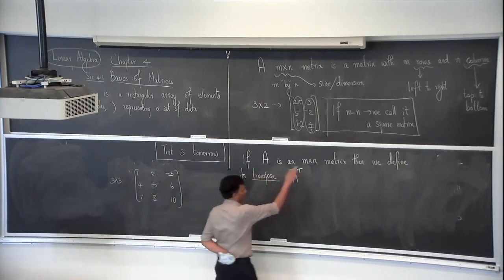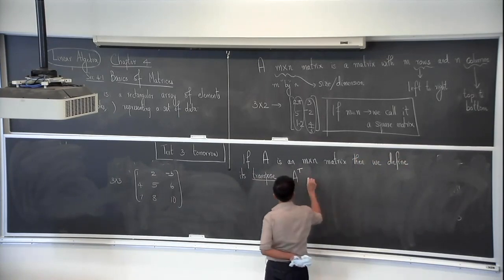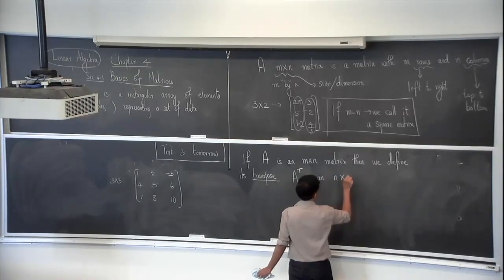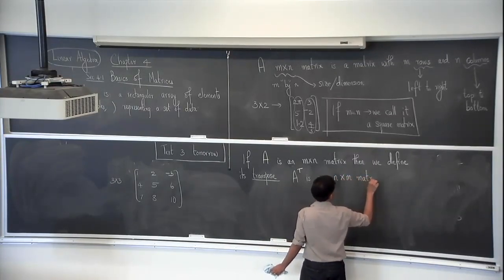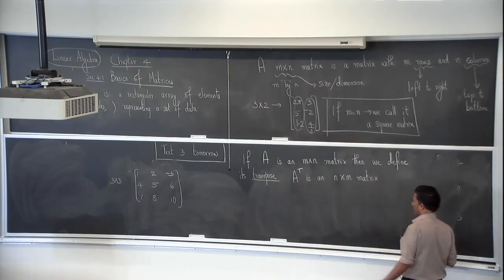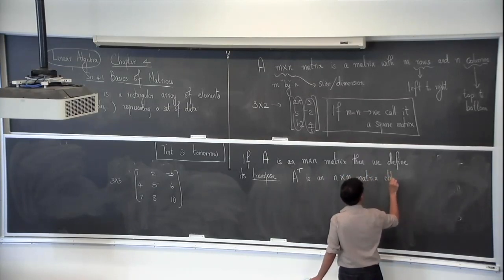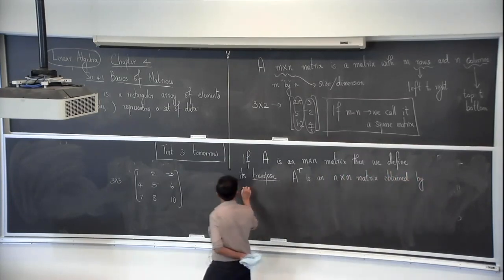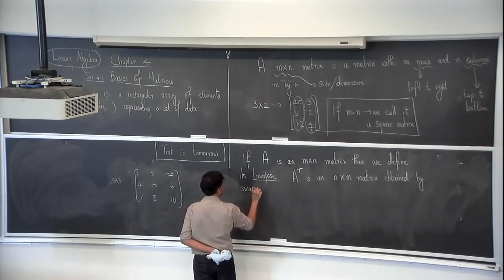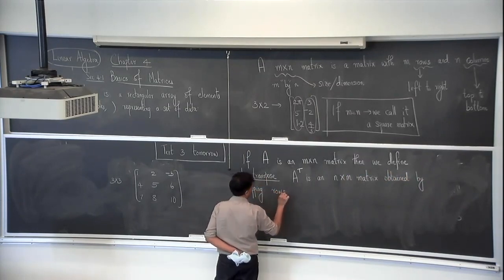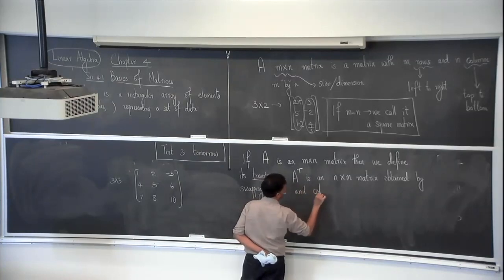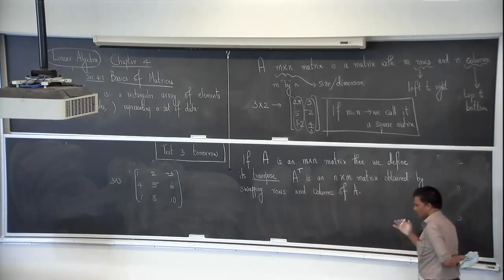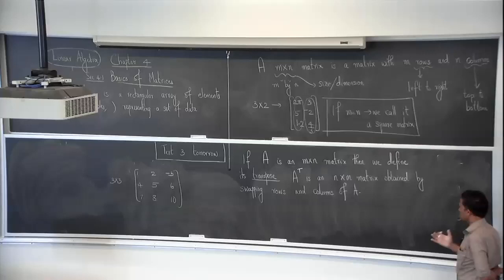So if A is an m by n matrix, then A^T, the transpose of A, is an n by m matrix obtained by swapping the rows and columns of A. So whatever rows you had in the matrix A will become columns and vice versa.